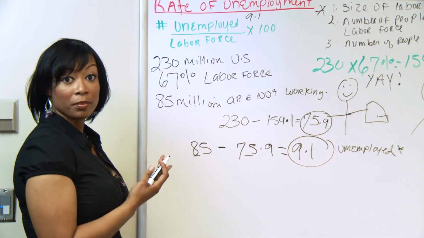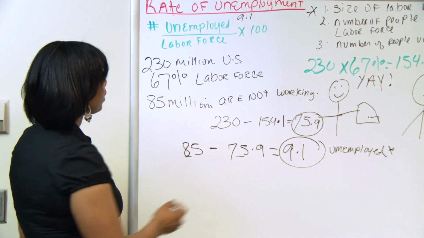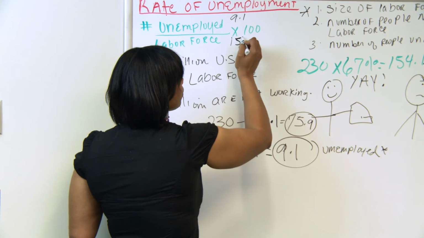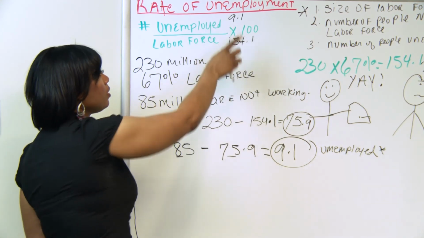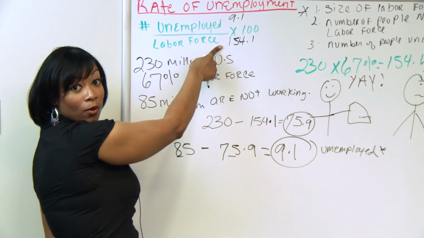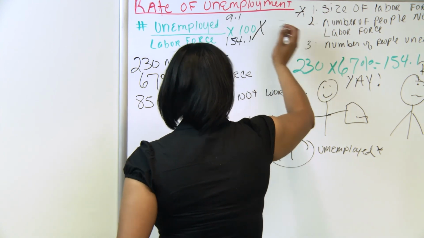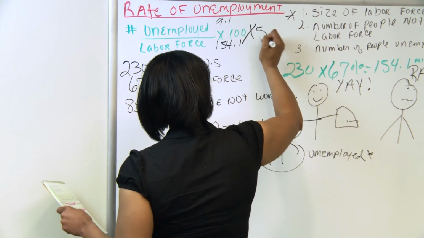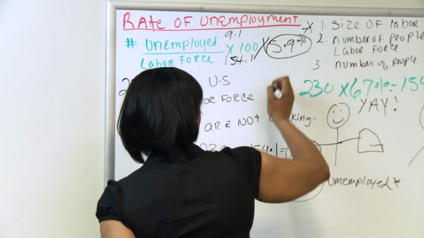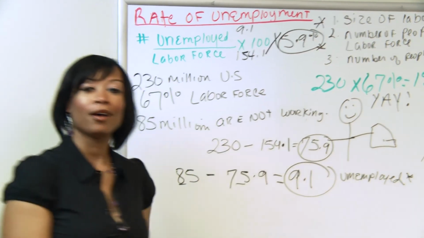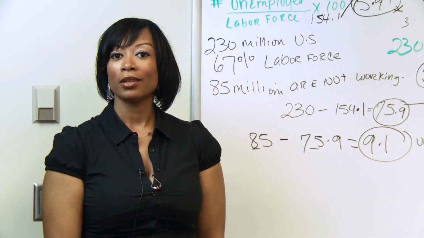The number of people that are active in our labor force based on our figures is 154.1. We take 9.1 divided by 154.1 times 100, and ding, ding, ding, we have our percentage, our rate of unemployment at 5.9%. See how easy that is? Very simple. That's how you solve for the unemployment rate.